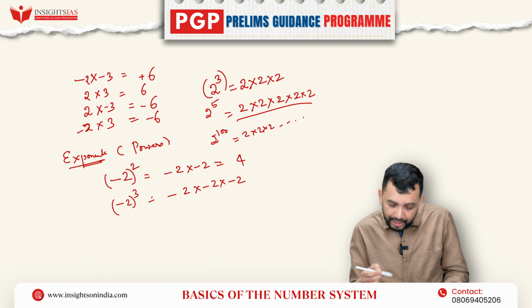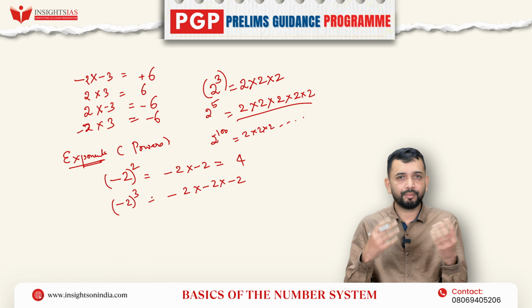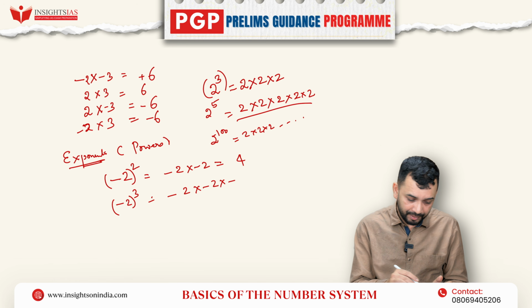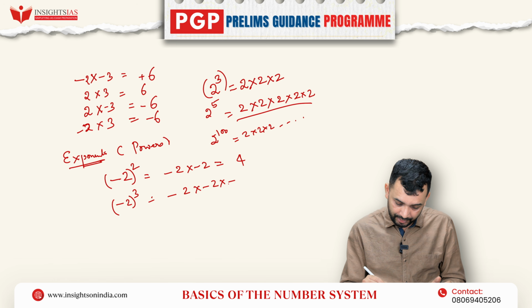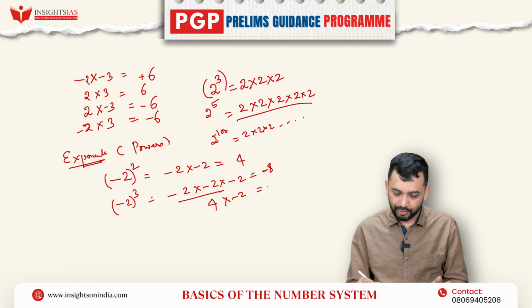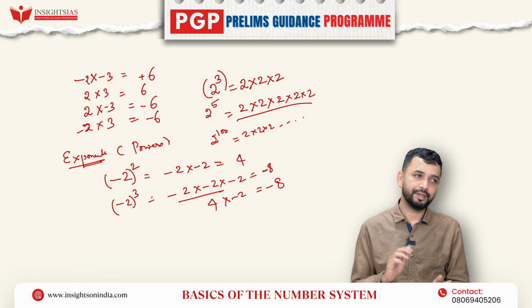Now with that 4, you are multiplying with another, that is a positive number, and you multiply with a negative number, that is -2. The answer will be 8. However, the symbol will be negative because -2 into -2 is +4. +4 into -2, now plus into minus will be minus. 4 into 2 is 8.